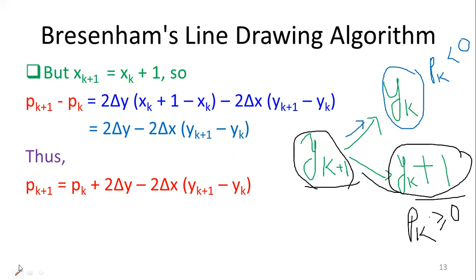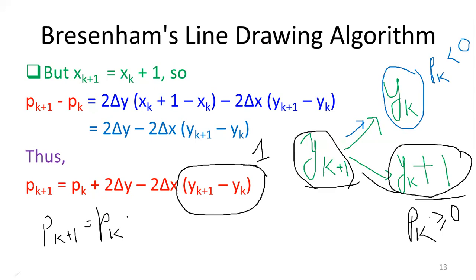So my point is this: if pk is greater than or equal to 0, yk plus 1 minus yk, this particular term will become 1, because when pk is greater than or equal to 0, y subscript k plus 1 will be equal to yk plus 1. So at that time, pk plus 1 will be equal to pk plus 2 delta y minus 2 delta x.